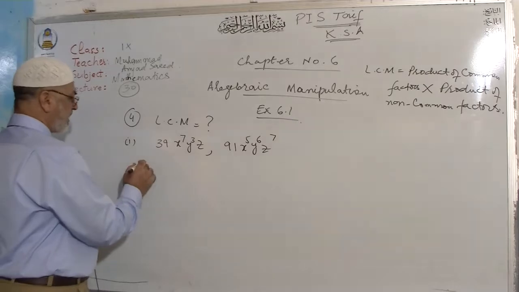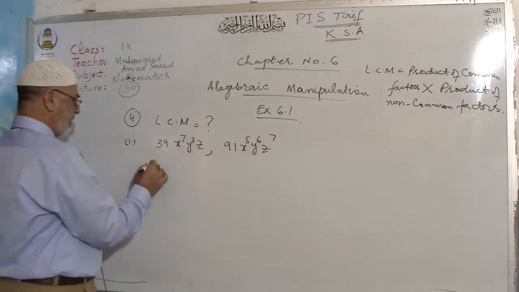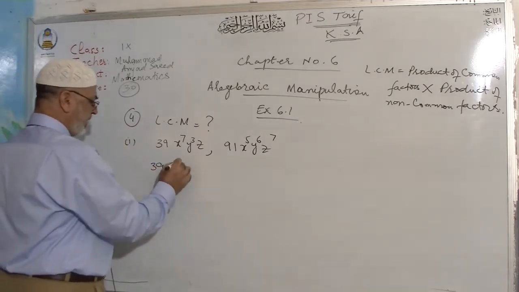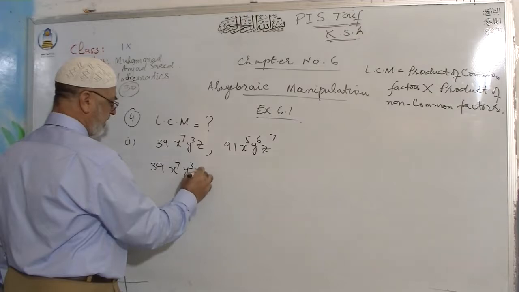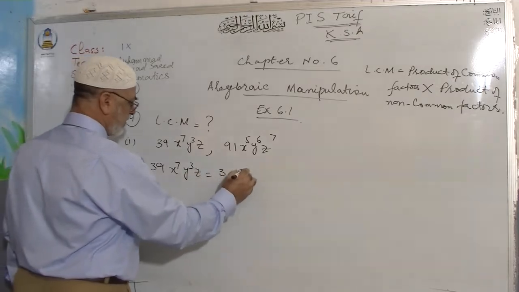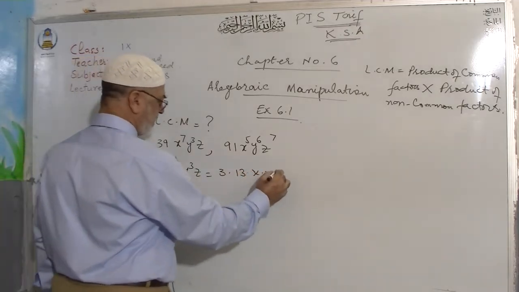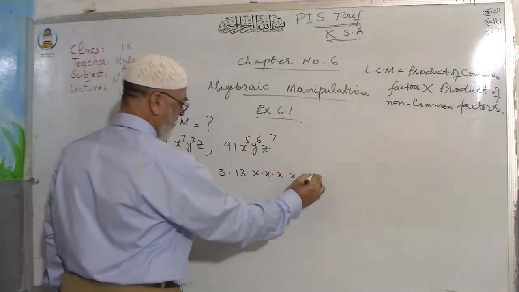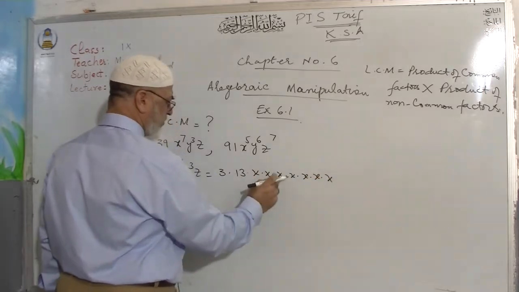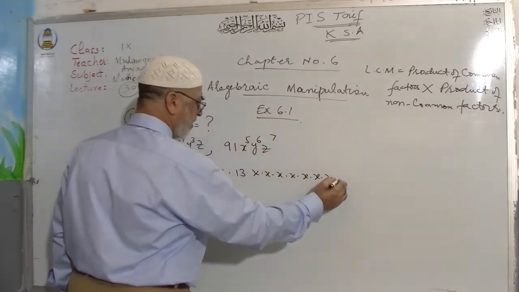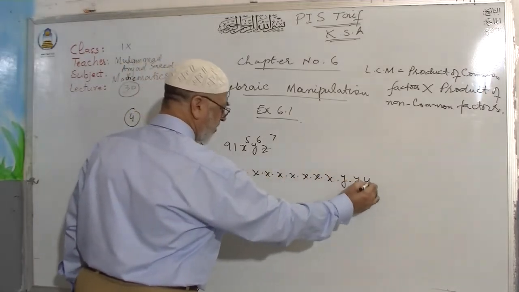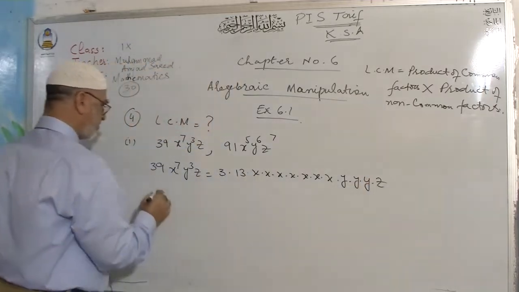Here, just like your question number 1, I am doing 39x7y cube z, 3 into 13, x 7 times, 1, 2, 3, 4, 5, 6 and 7, y 3 times and z.